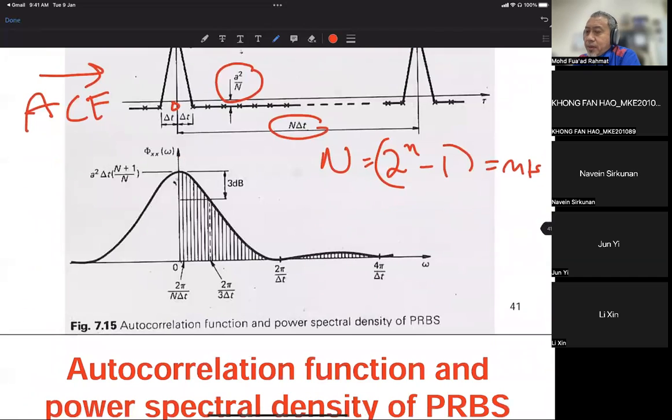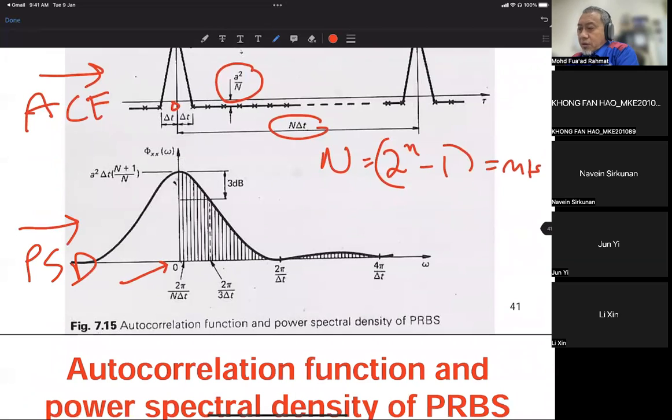And this is the power spectral density, PSD, of the autocorrelation functions. Okay, where you can see that the maximum is at frequency equal to 0.